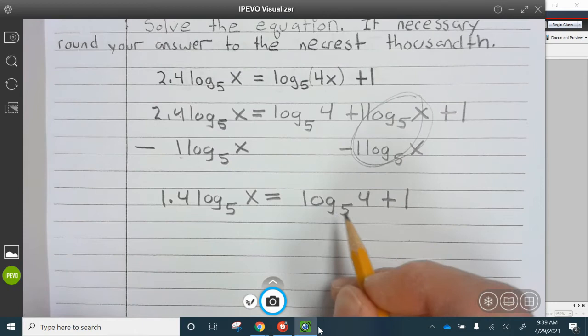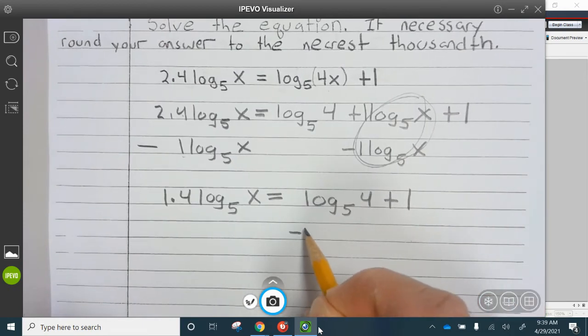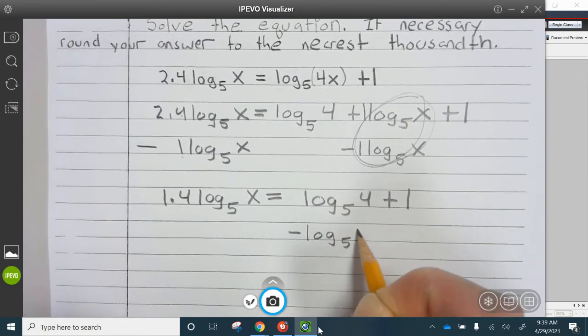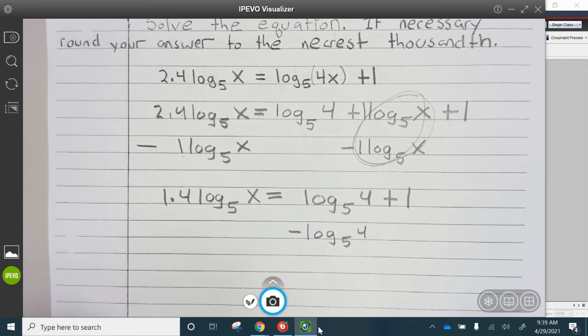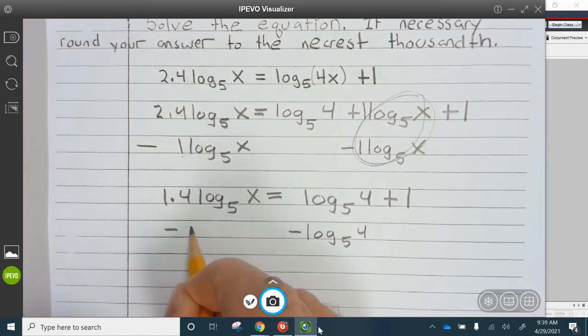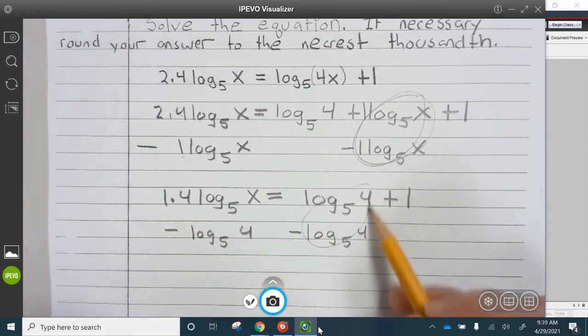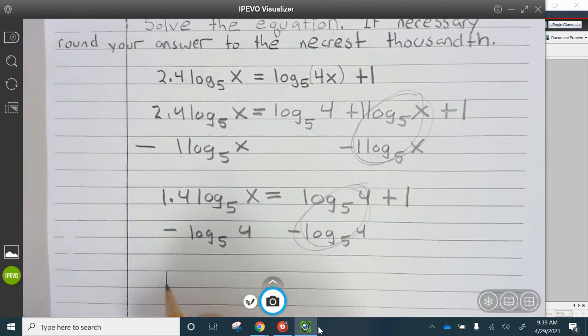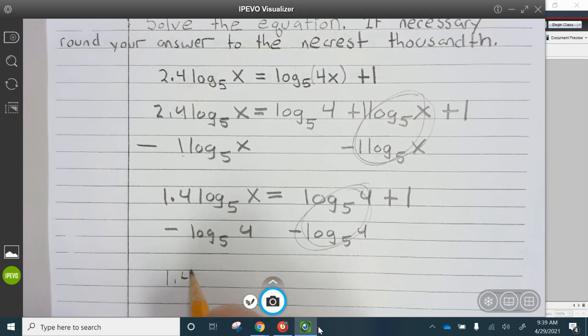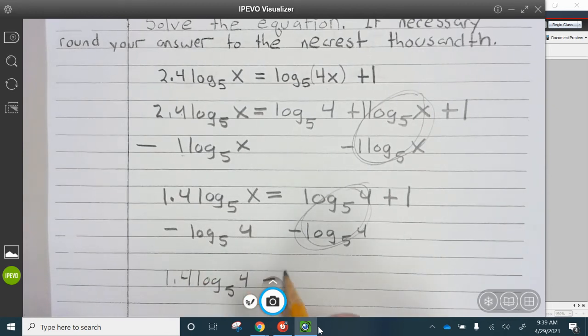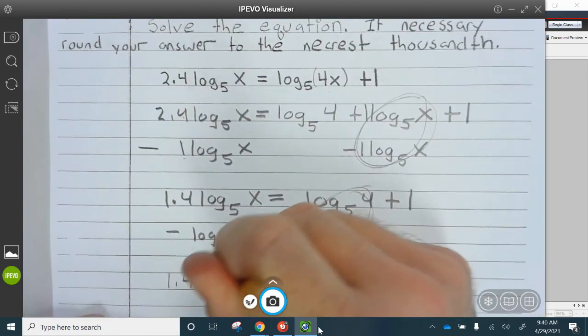Now we're going to subtract log base 5 of 4 from both sides. This becomes 0. You get 1.4 log base 5 of x minus log base 5 of 4 equals 1.